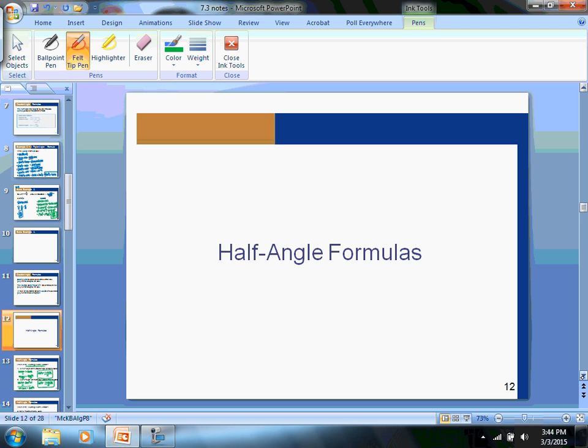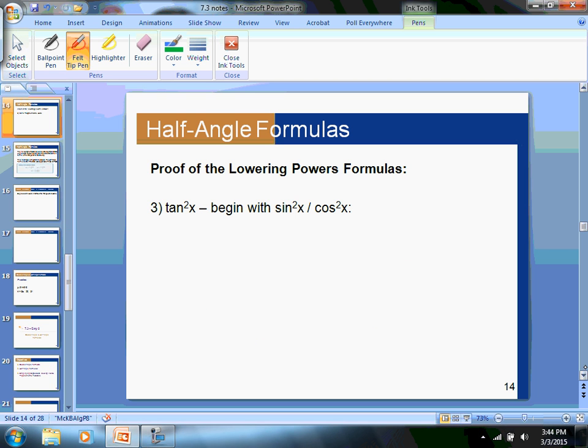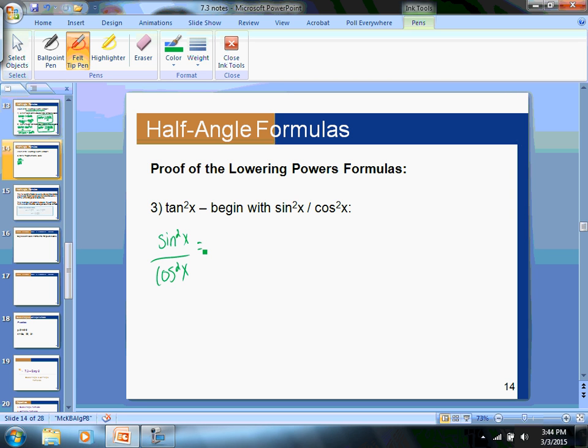And then there's one for tangent as well. The one for tangent, basically, we're going to just rewrite tangent squared x as sine squared x over cosine squared x. Now, we just solved the formulas for sine squared x and cosine squared x. Here's what sine squared x is, and here's what cosine squared x is. So basically, I'm just going to substitute those into this expression.